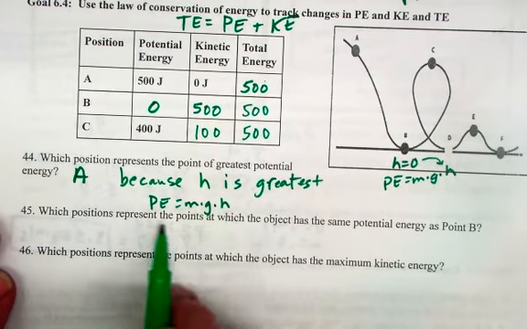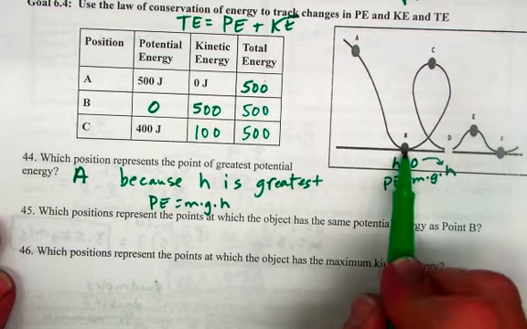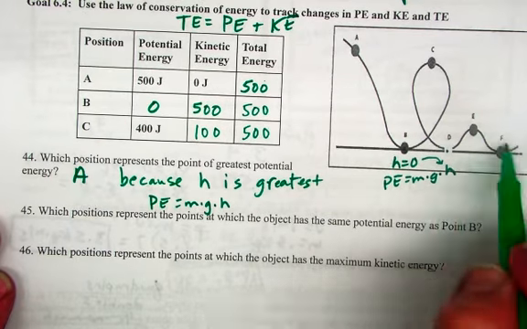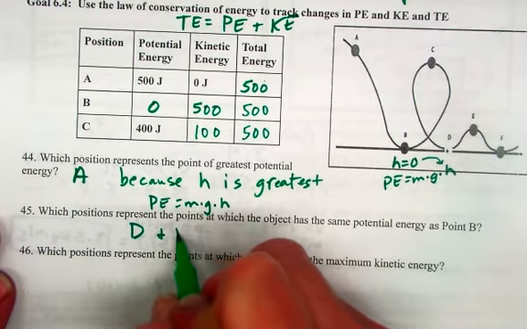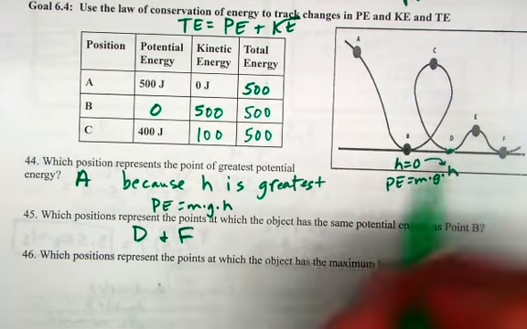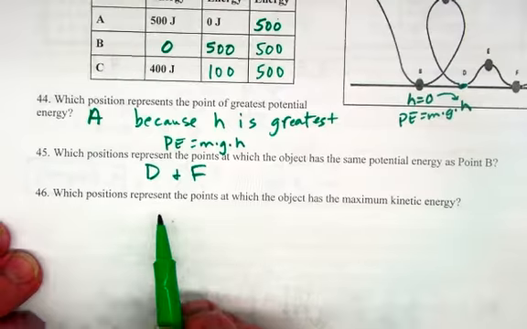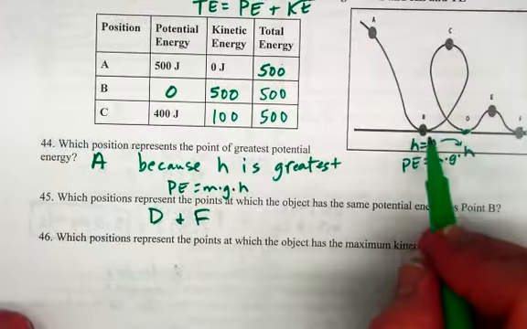Which positions represent the points at which the object has the same potential energy as point B? That would be D and F, because all three of them are at height 0, and so the potential will be the same.